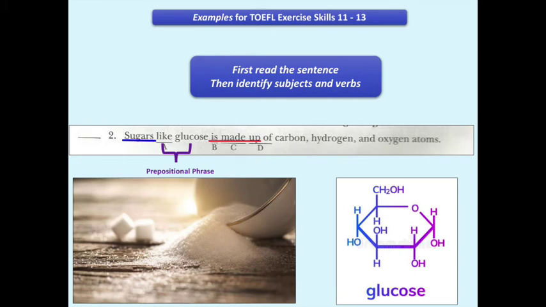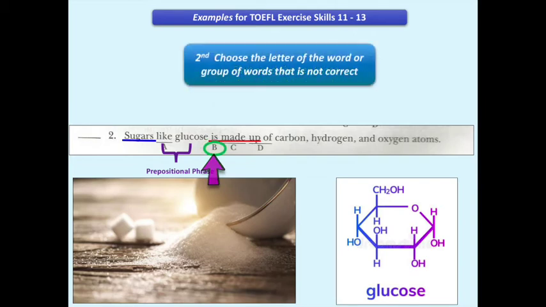Sugars is plural, but "is" is not a plural verb. So we will circle it. And what is the correct answer? It should be "are." Sugars are.